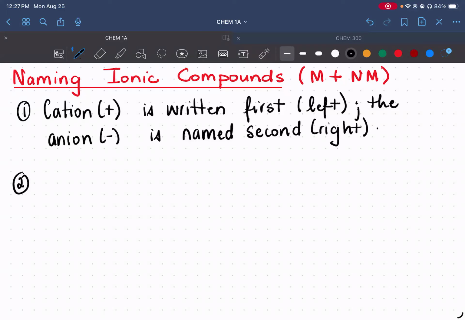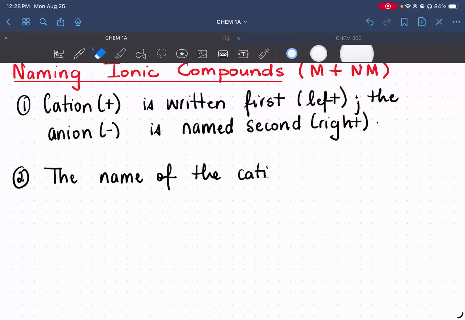Step number 2, the name of the cation remains unchanged.